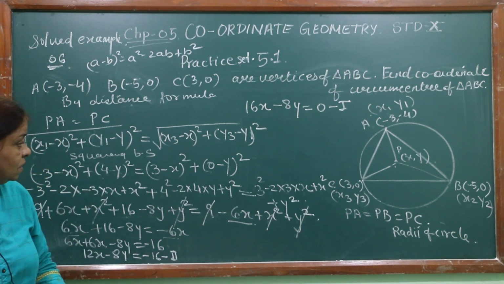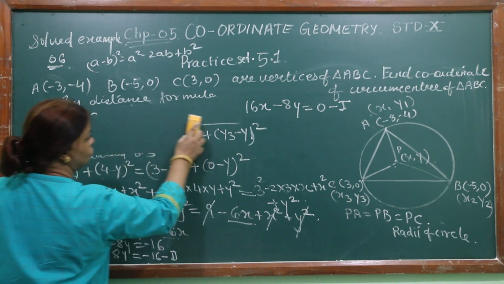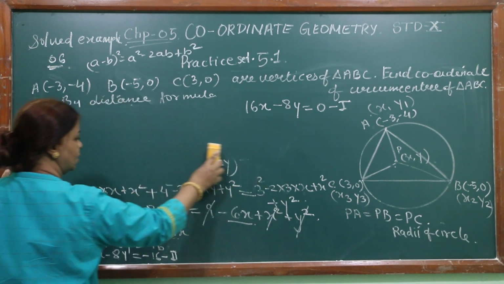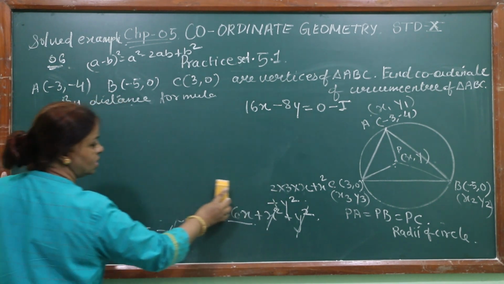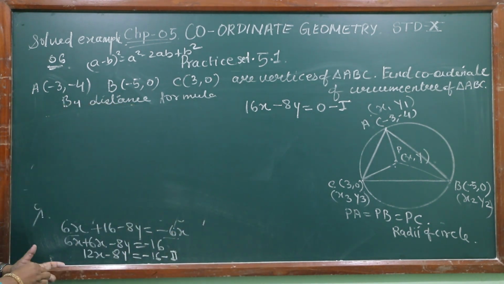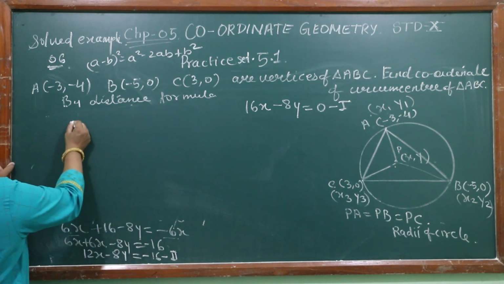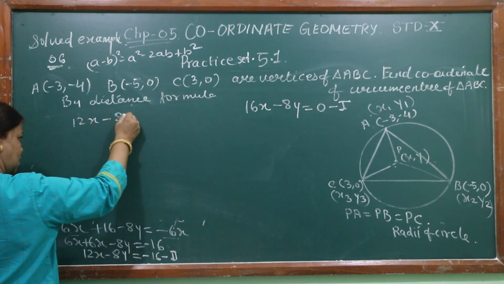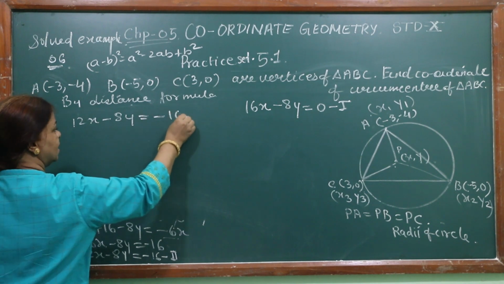Let me rub the upper part. You can pause the video, children, and you can solve it. If it is easy for me to cancel, let me cancel some of the things. Now my equation is 12x minus 8y is equal to minus 16.